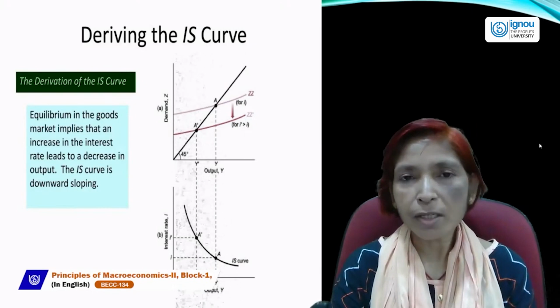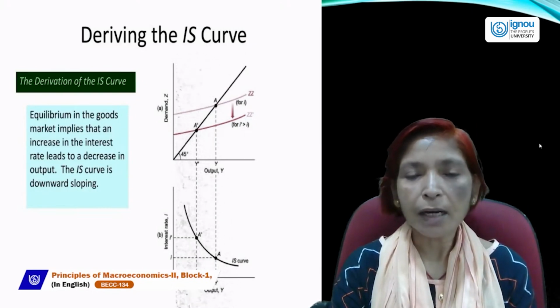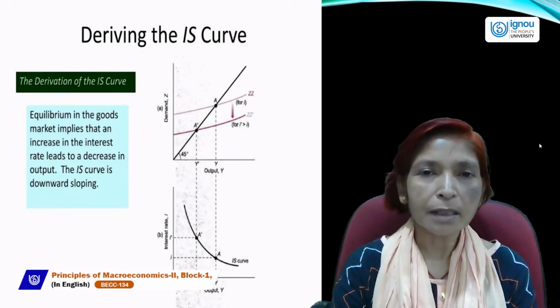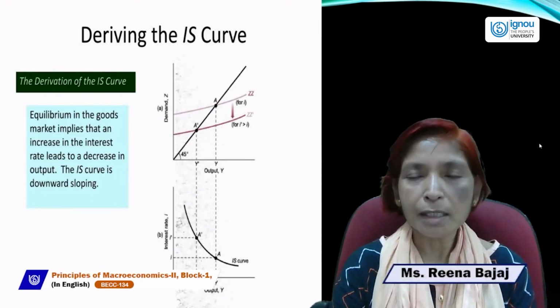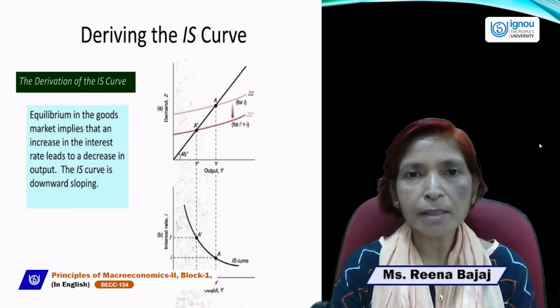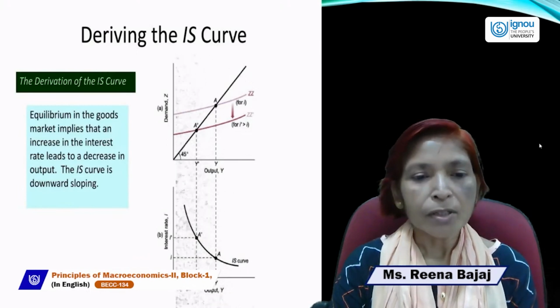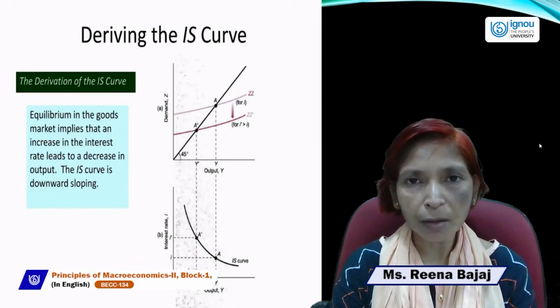And if a three-sector economy model exists, then we will take C, I and G. Here C is consumption, I is investment and G is government expenditure. If there is a four-sector economy, then C plus I plus G plus net exports, we will include this. So here we are taking that only a two-sector economy exists.